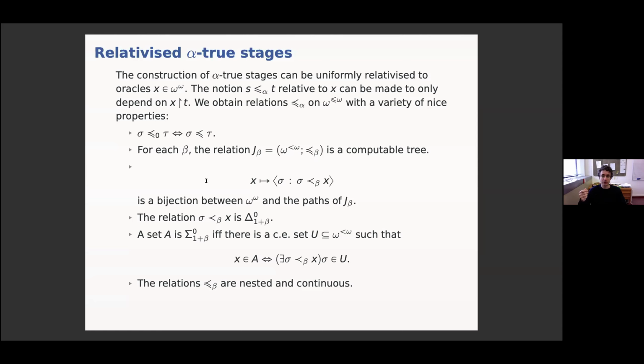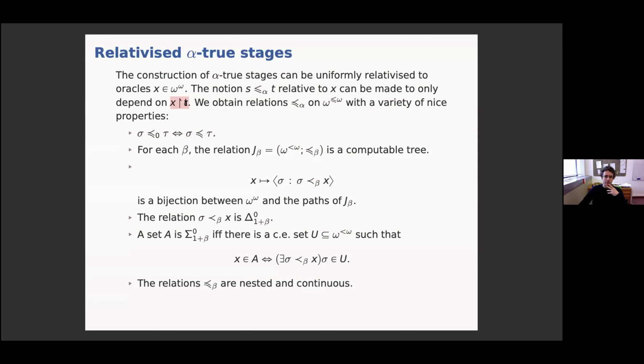What does it mean to be alpha true or appear alpha true at a later stage when all the computations and all the enumeration processes involve x as an oracle? So instead of 0 jump, 0 double, 0 triple, I'm looking at x jump, x double, x triple, and so on.